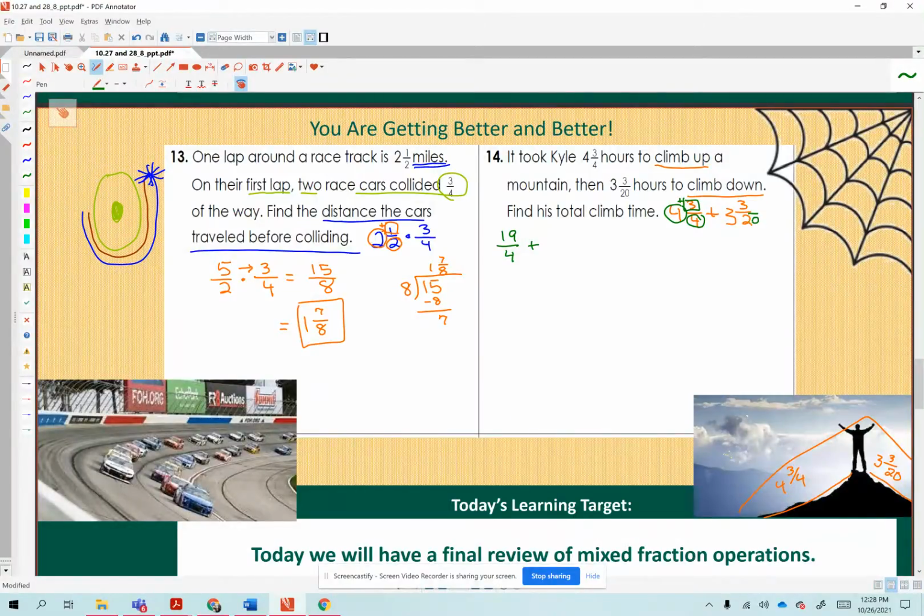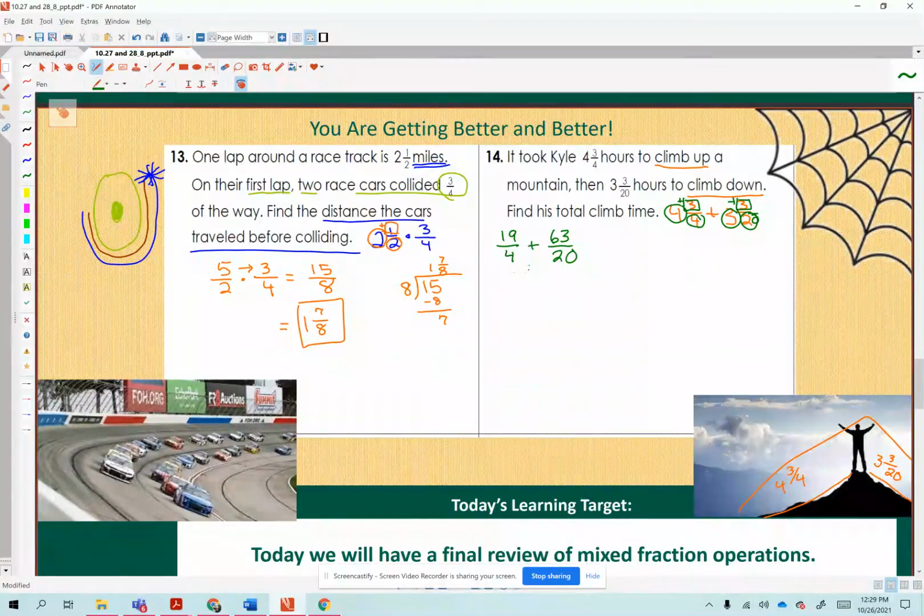So 20 times 3 is 60, plus 3 in the numerator is 63/20.